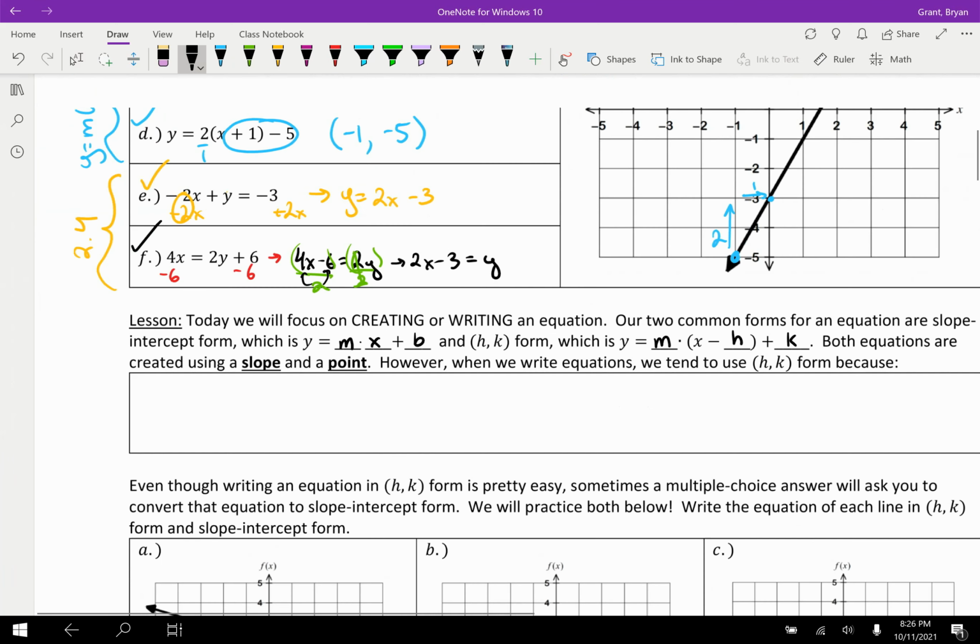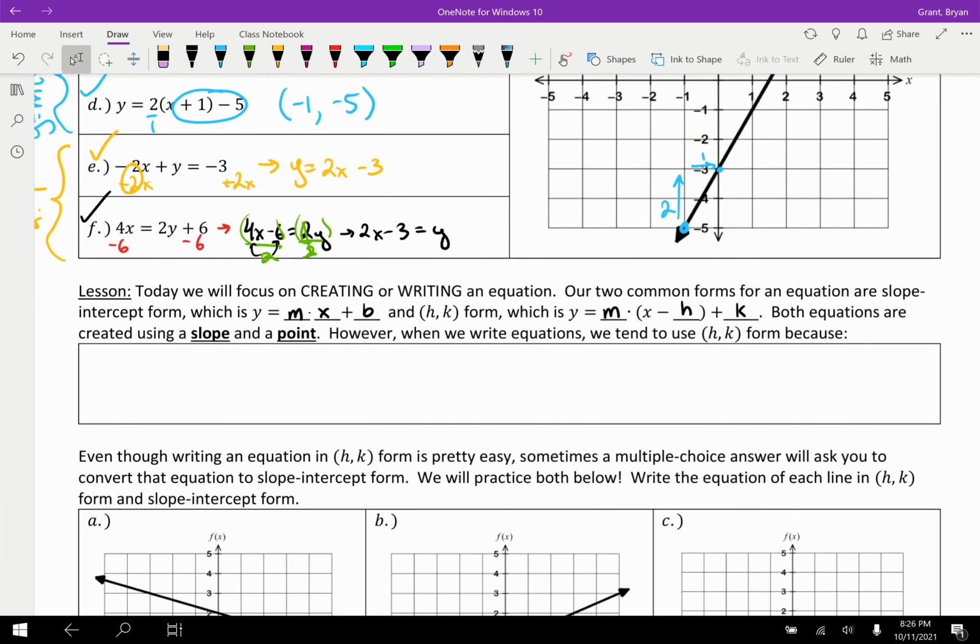Now, both equations are created using a slope and a point. For example, in y equals mx plus b, we have, of course, the slope. That's not bad. And then the point that's given to us is the y-intercept. That is a point. However, that can get a little bit tricky.